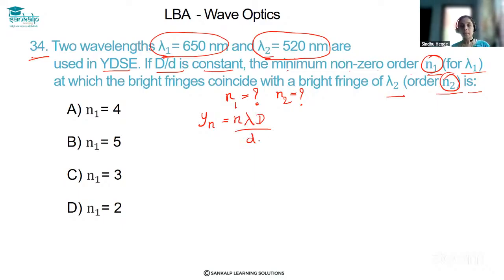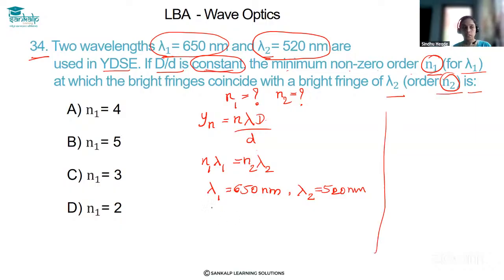Here, D by d is constant, which is given in the question. So the expression becomes n1 lambda 1 is equal to n2 lambda 2, because two lambda and two n values are there. Now substitute the lambda 1 and lambda 2 values.